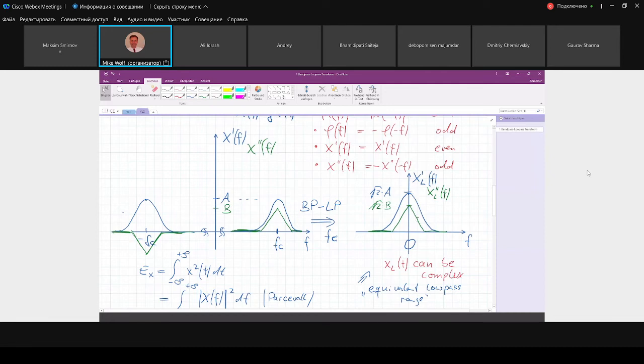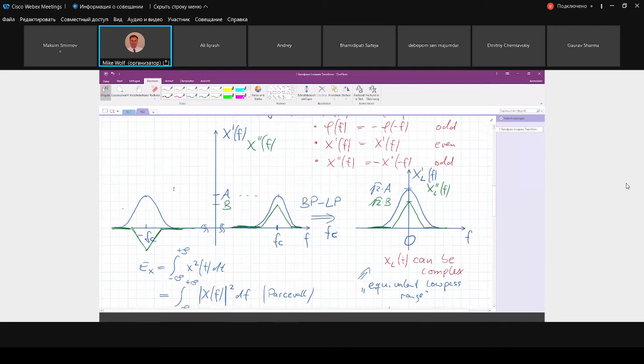If the real part looked like this, just as an example, then on the left-hand side it would look like this. But if I shift this to the left and this is the center, it's not even. But still, it's much easier to calculate with this than to always consider this oscillating system.